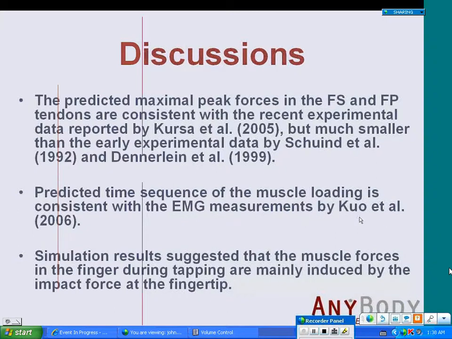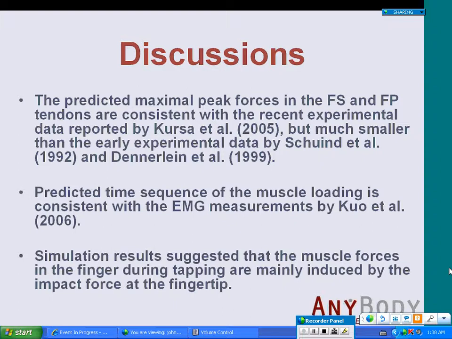Our simulation results suggested that the muscle force in the finger during typing is mainly induced by impact force at the fingertip, not due to the mass inertial effect of finger flexion. As we have tested, we changed the mass moment of inertia from very small to very large. We find the effect of the mass moment of inertia is very small compared to the fingertip typing force.